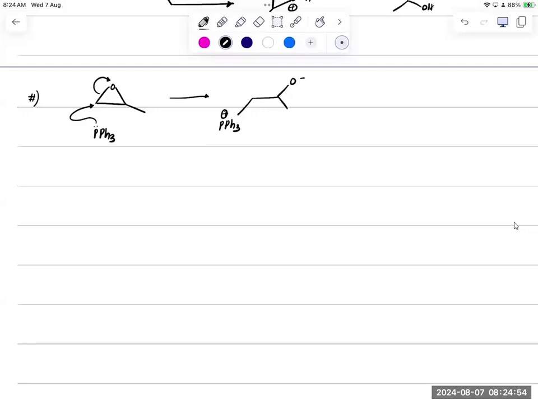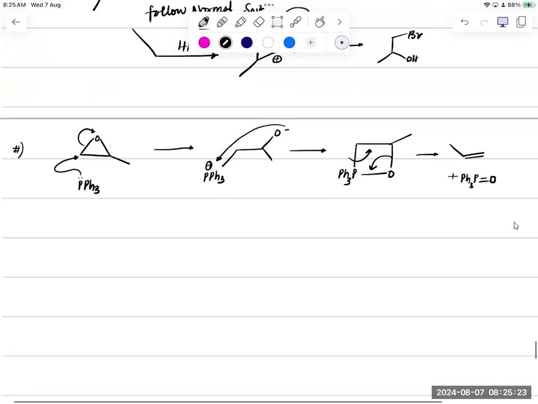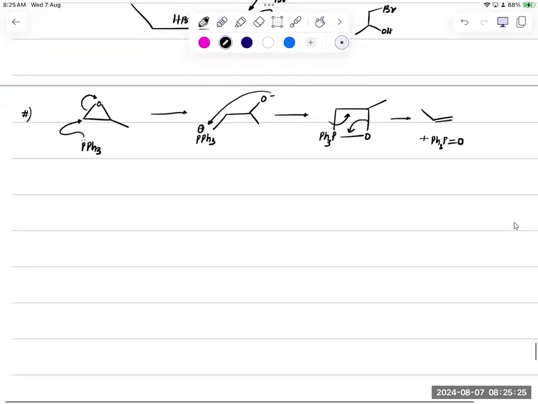Usually this O minus will make a back attack on phosphorus, so we get phosphorus PPh3 connected with oxygen this way. And this will make a double bond formation, and we will get an alkene here with Ph3P double bond O. This is the product formed.